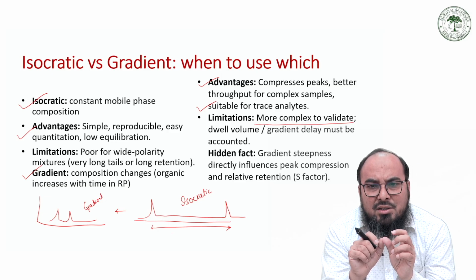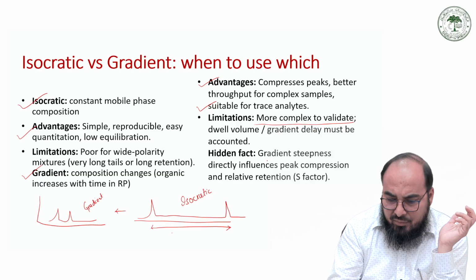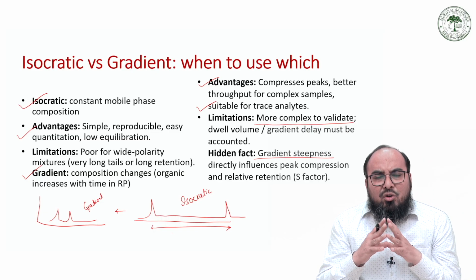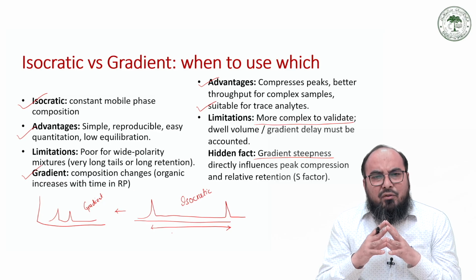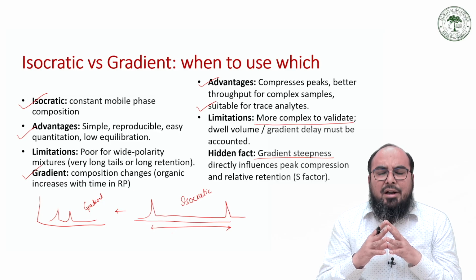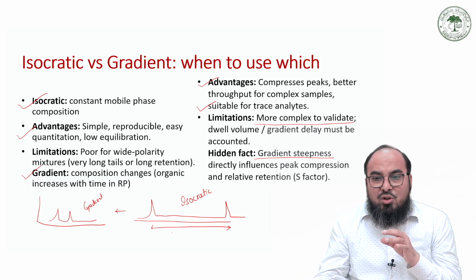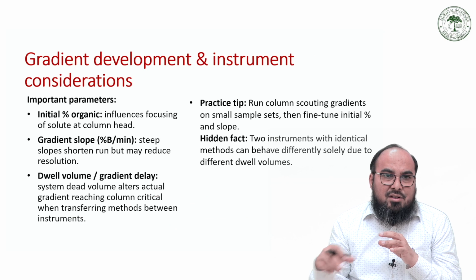Because of the dwell volume, sometimes you get unaccounted peaks. So gradient steepness is there, and in case of gradient elution or gradient mobile phase, you always have to look whether you are missing any peaks or not. So you always have to be very cautious while using gradient mobile phases.